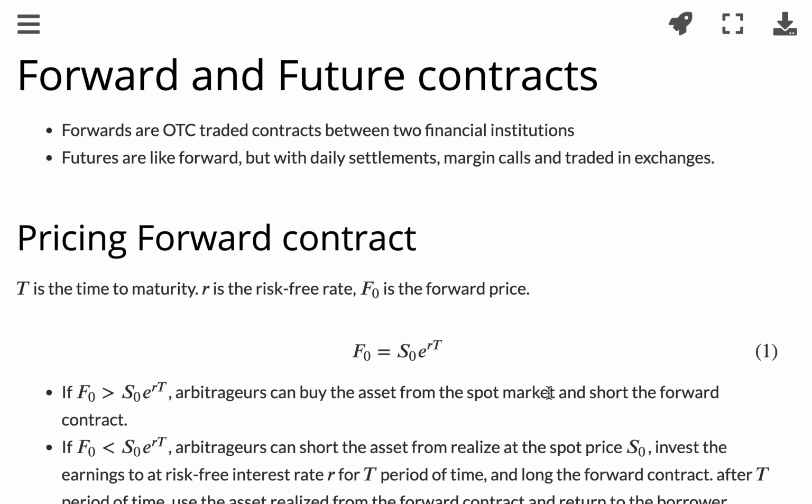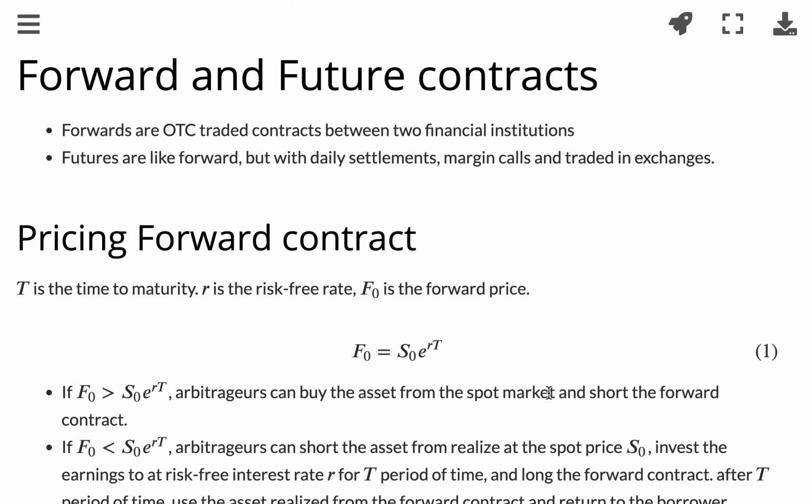So forward contracts or futures contracts, what are they? Forward contracts are usually traded by financial institutions, where if you want to buy an asset sometime later, you negotiate with the other side, the partner, a specific price, and it will be delivered at a future time.